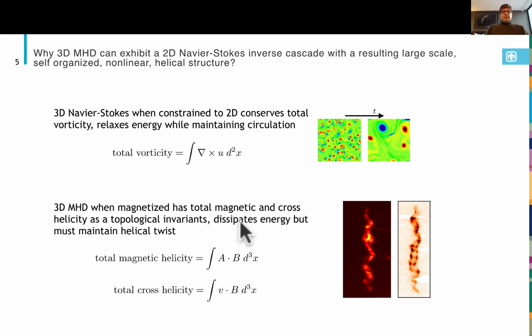It dissipates the energy and maximizes entropy, but it must maintain that helical twist. And so what we end up finding are these helical twisting double helices that even look a bit like DNA, with little axial hotspots at stagnation.